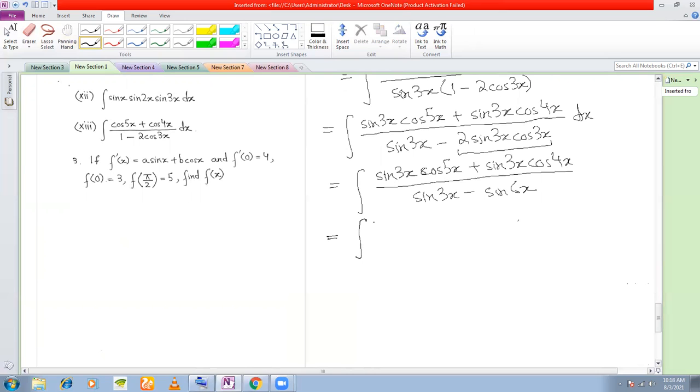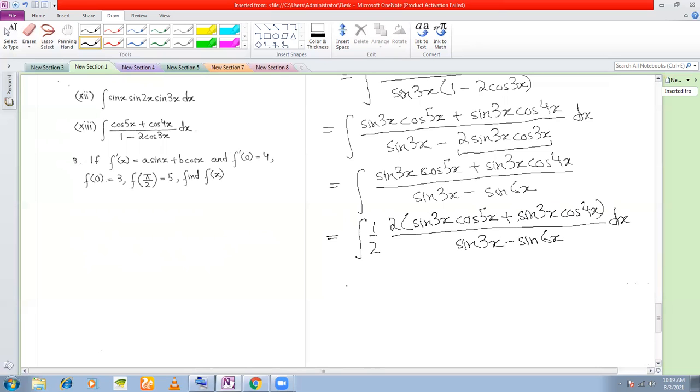So what you do is you take half, twice sine 3x cos 5x plus sine 3x cos 4x divided by sine 3x minus sine 6x dx. Now you can take half outside and you can multiply 2 throughout.